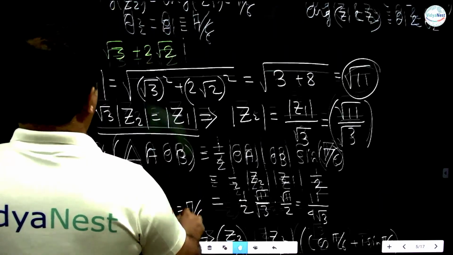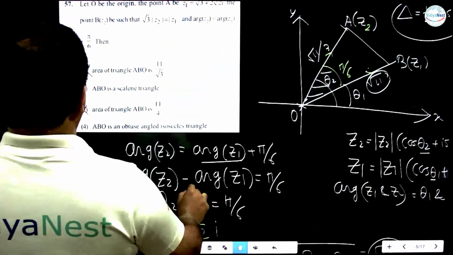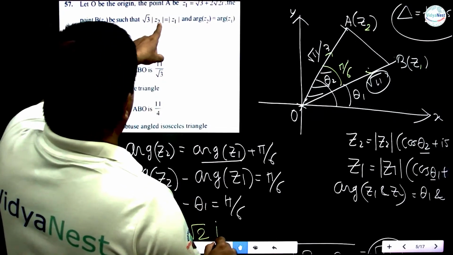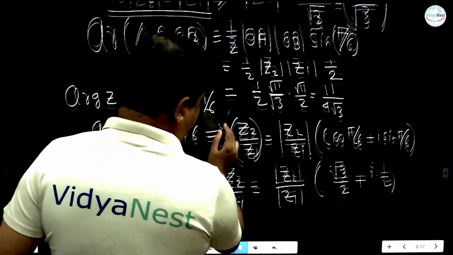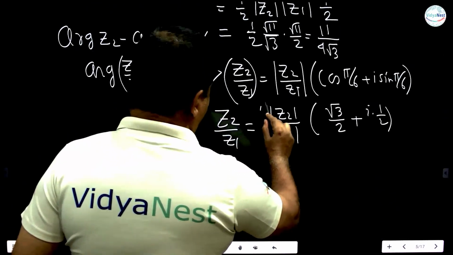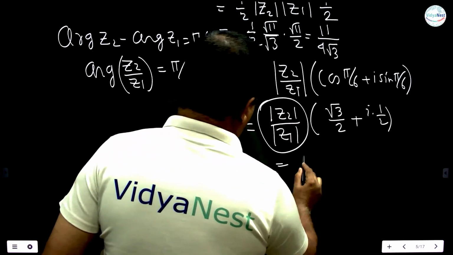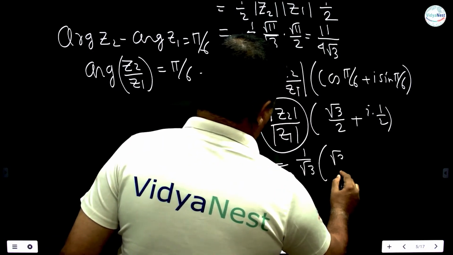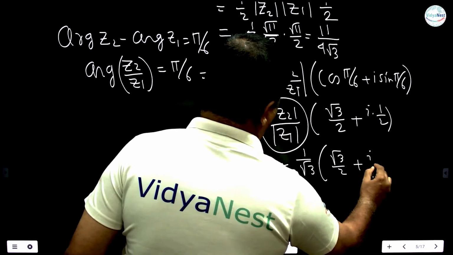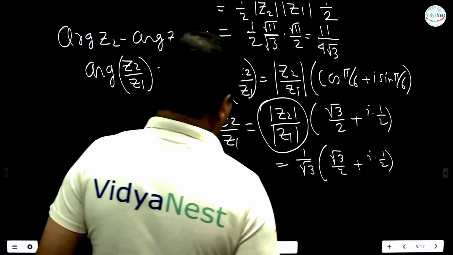Already we have got. See the question. Z2 by Z1, 1 by root 3. So you write instead of this 1 by root 3, root 3 by 2, i half.